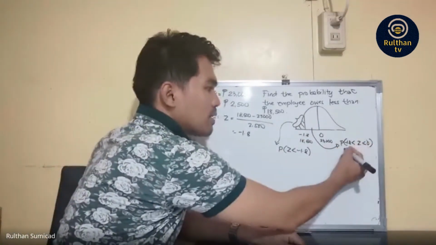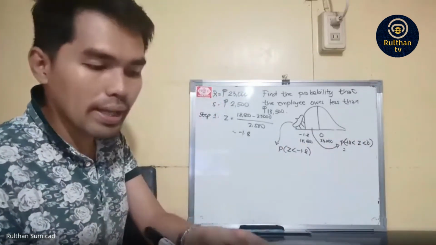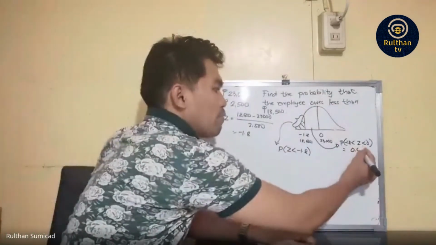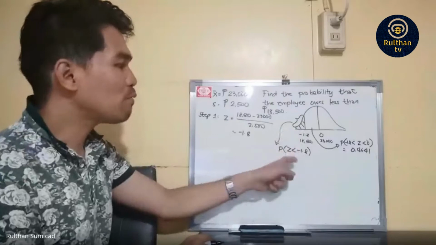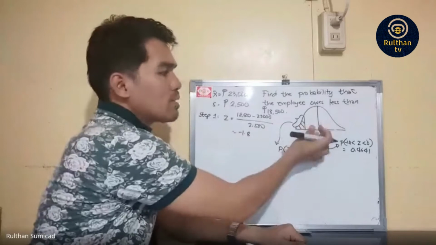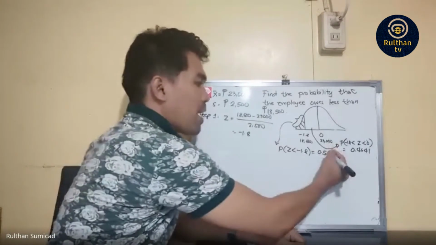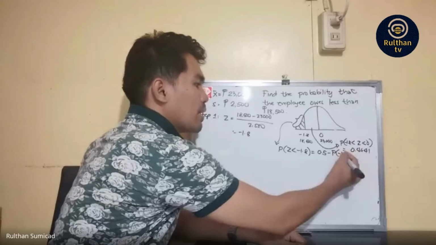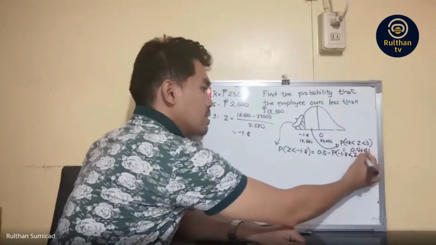So what is the value from the table? For 1.8, it is 0.4641. Now, to solve for this area, this is simply 0.5 minus this portion, the non-shaded portion of the lower half. So that is 0.5 minus P of a z-score greater than negative 1.8 but less than 0.